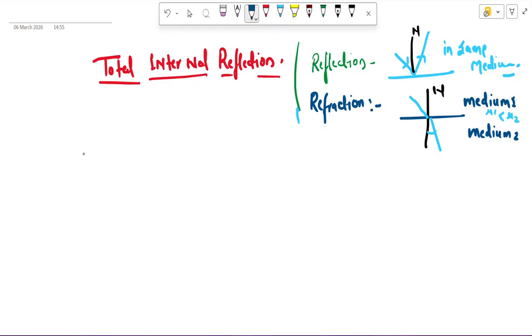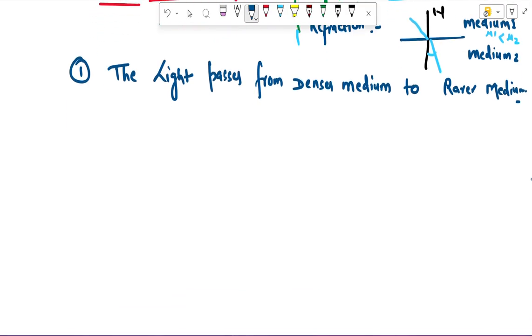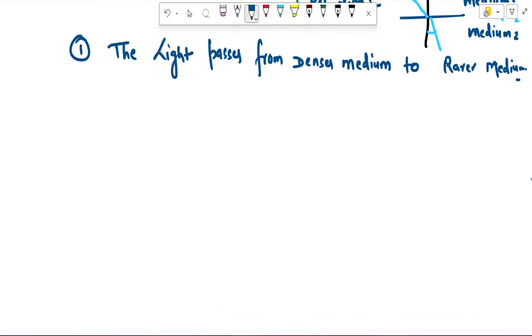So in this topic, we are going to discuss total internal reflection. First of all, I am going to show you through a diagram how total internal reflection occurs, and after that, I will explain it theoretically.